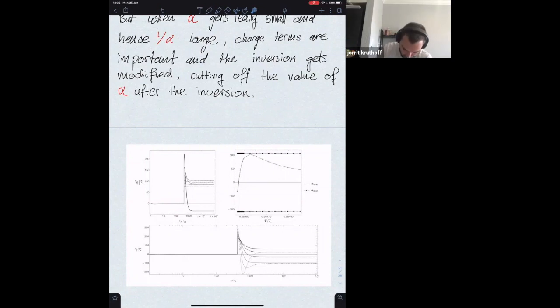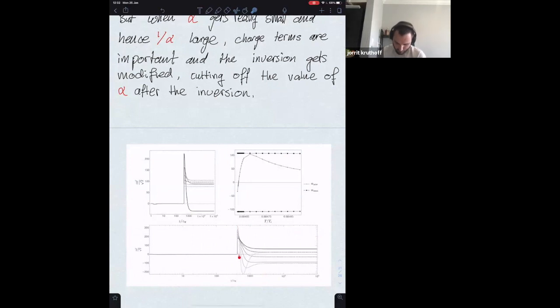The gray dashed line below is what we saw before, alpha to 1 over alpha. But when alpha continues to become smaller and smaller, the inversion gets different. It even gets so different that it can oscillate again. That's more clearly happening in this plot.